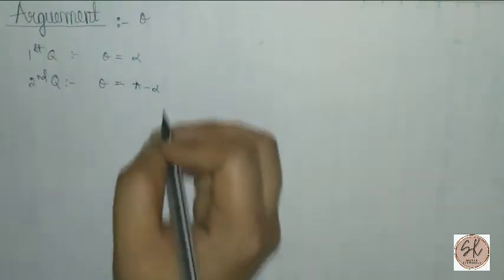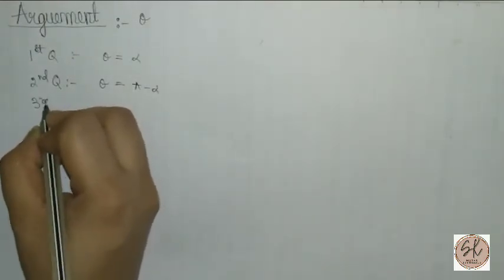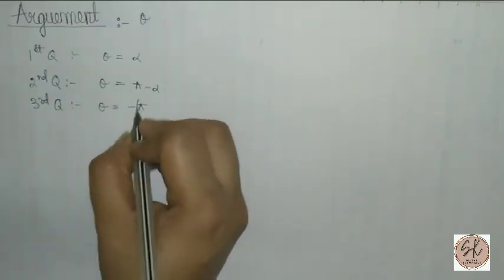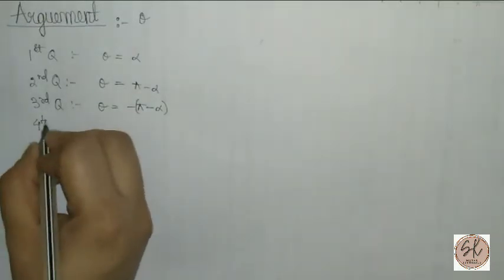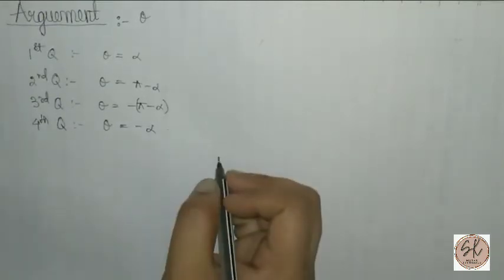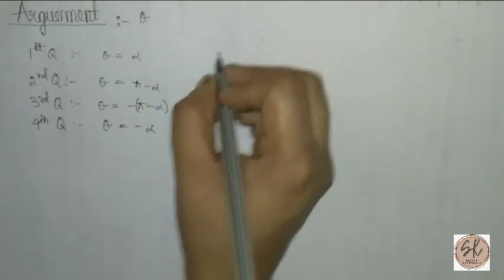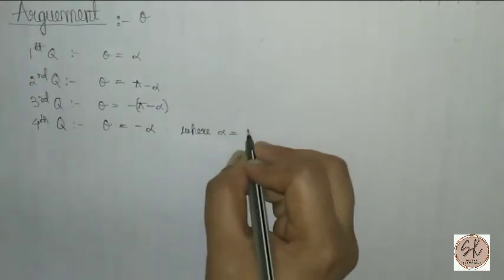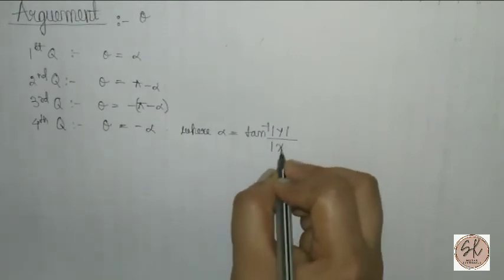Alright, for the third quadrant, theta is equal to minus pi plus alpha, that is minus of pi minus alpha. Okay, and for the fourth quadrant, theta is equal to minus alpha. Alright, where alpha is equal to tan inverse mod of y by mod of x.